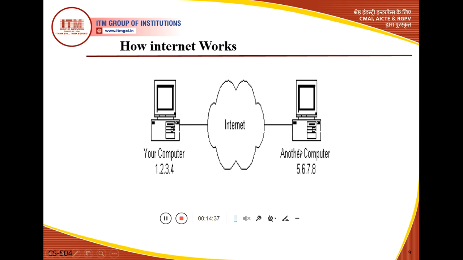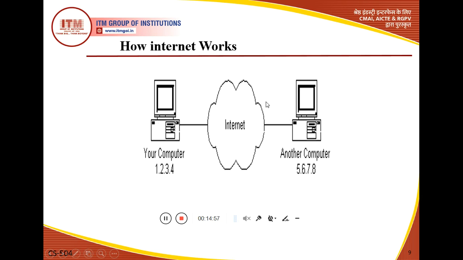Now this is the diagram that represents how the internet works. Here this is a computer, and this is a second computer, one being your computer and the other being another computer.